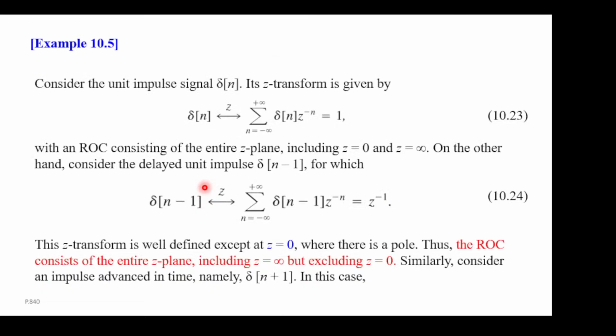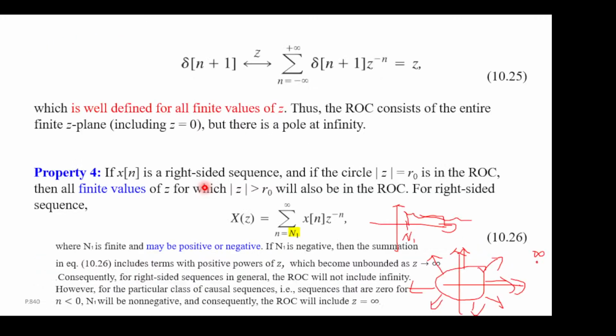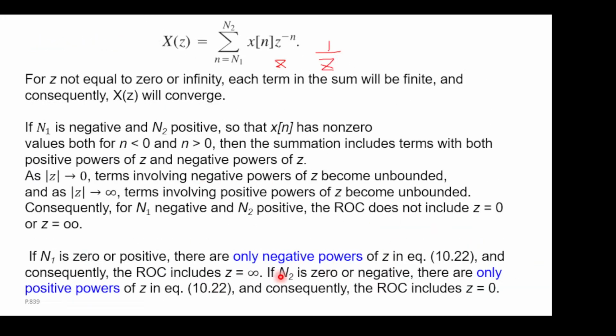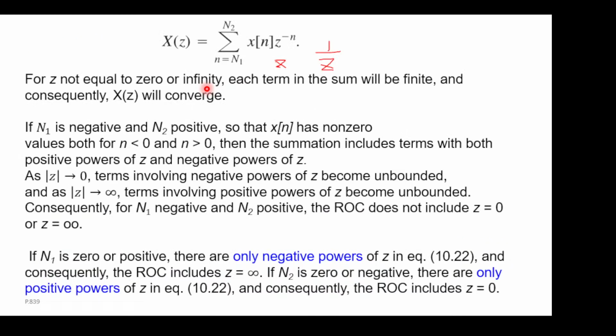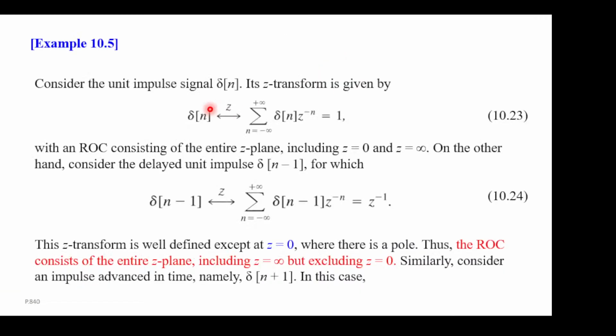And okay, so let's see an example. So we kind of see that you include only infinity or 0, but actually there is a very special function that can include both infinity and 0. And it's our unit impulse, because the unit impulse delta of n doesn't have z or 1 over z, it just has a constant.